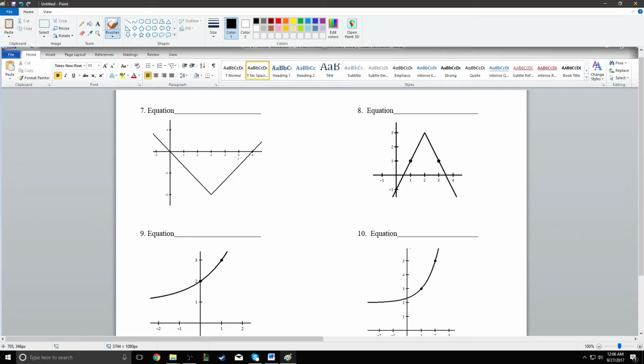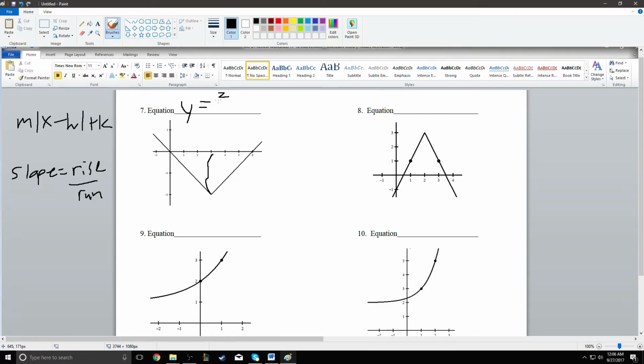Okay, so next one. This is m times the absolute value of x minus h plus k, where m is your slope. So to find your slope, start from the vertex. Slope is always rise over run. So from the vertex, it rises up 1, 2.